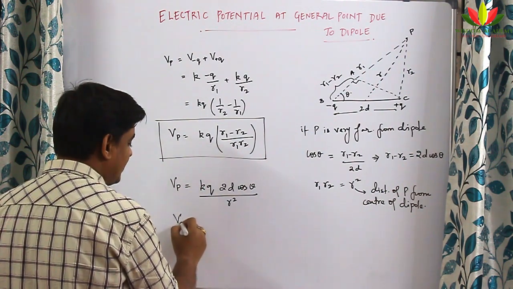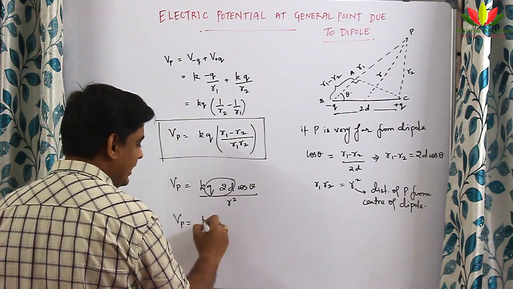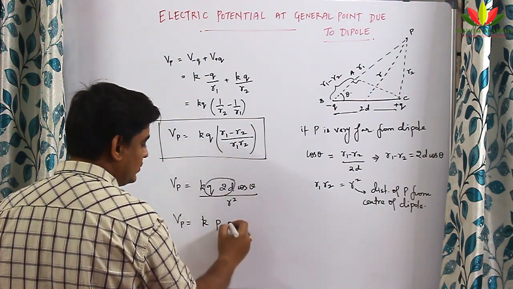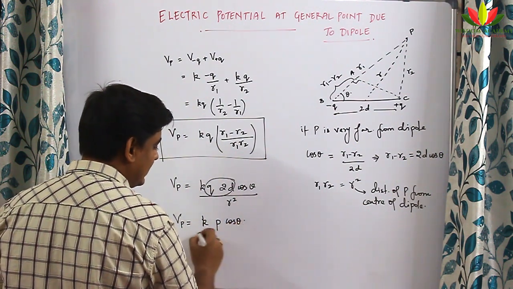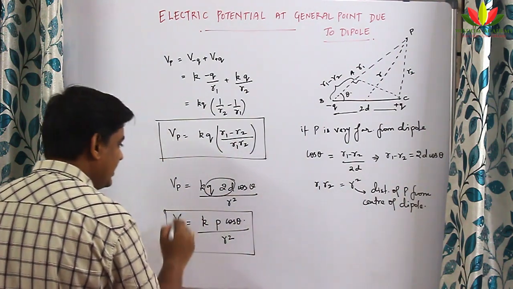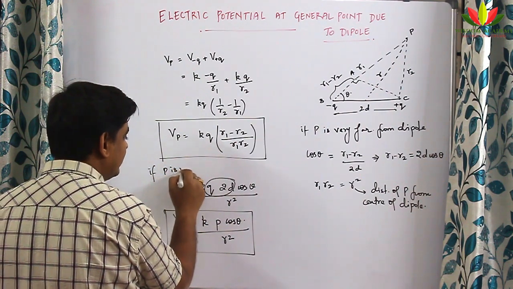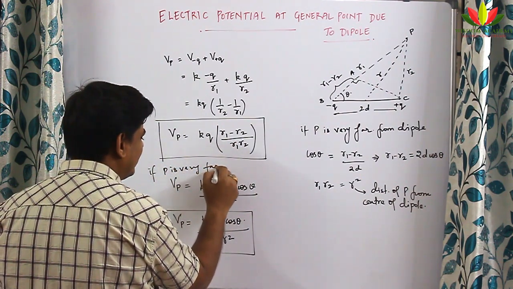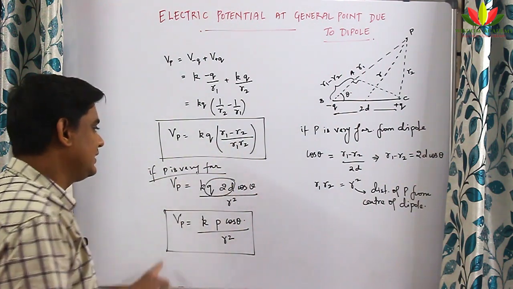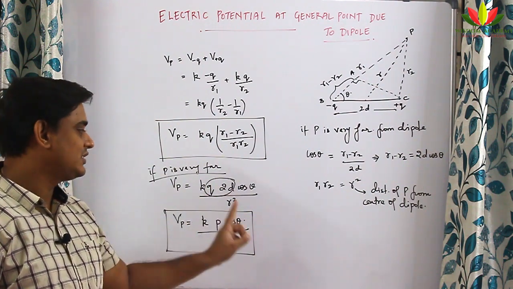So now V at P will become equal to k into q into 2d, which is the dipole moment p, so k into p into cos theta by r square. This is the expression for V at P. This is valid only if P is very far. So if P is very far, then the potential at that point is k into p into cos theta by r square.